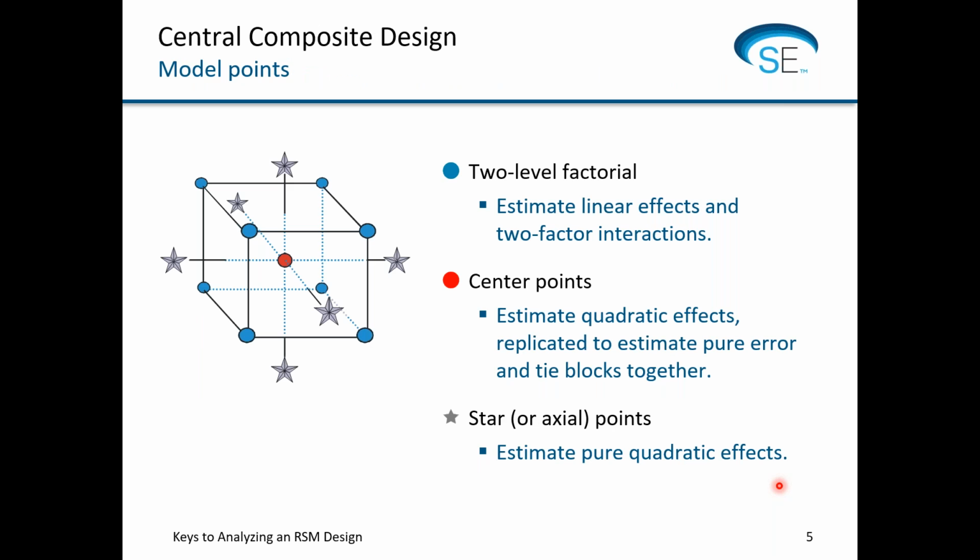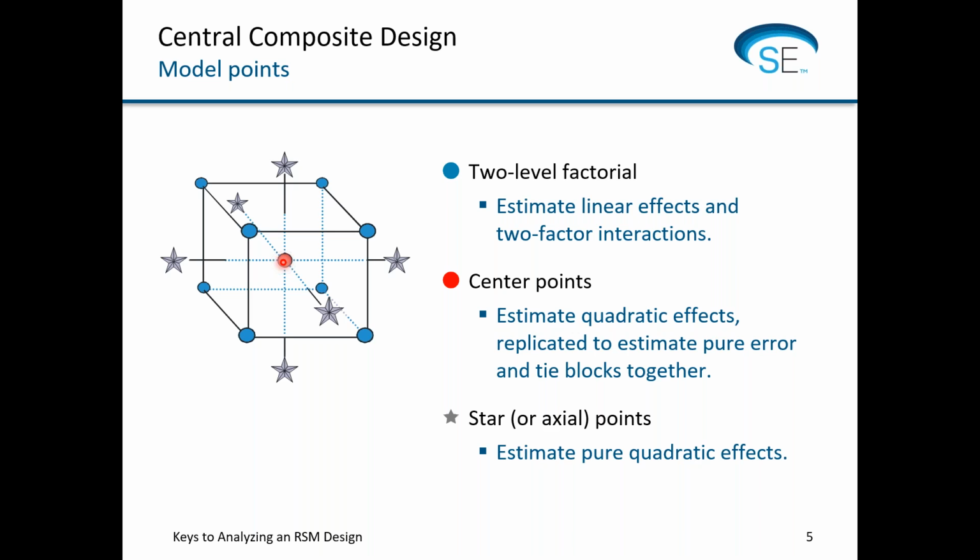As a reminder, a central composite design is formed by taking a 2-level factorial design. That is the blue dots here. These help estimate our linear effects and our 2-factor interactions. Then to this, we add center points. Center points are replicated to help us estimate the pure error of the design.